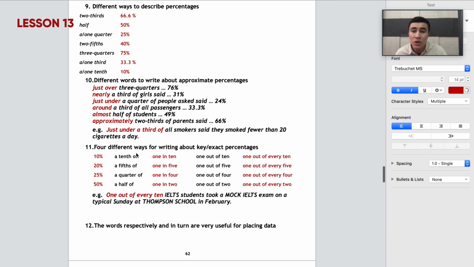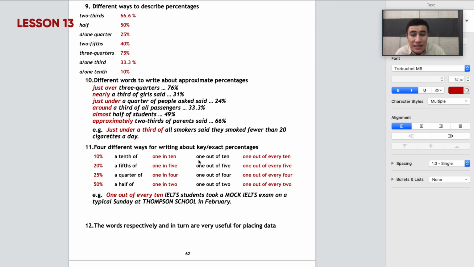And now here we have four different ways for writing about key or exact percentages. So when you have 10, 20, 25, 50%, instead of saying simply 10%, you can say a tenth of, 1 in 10, 1 out of 10, 1 out of every 10.